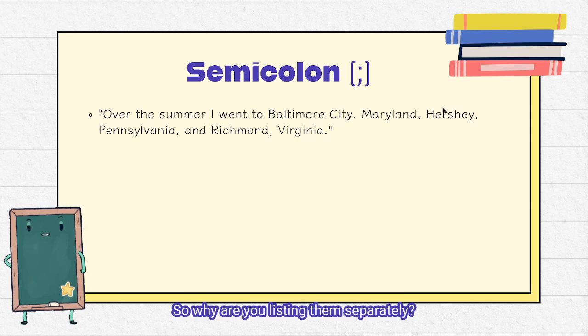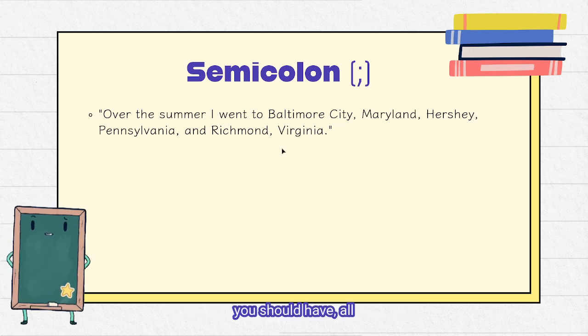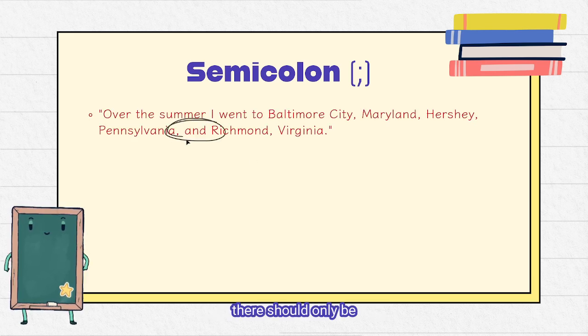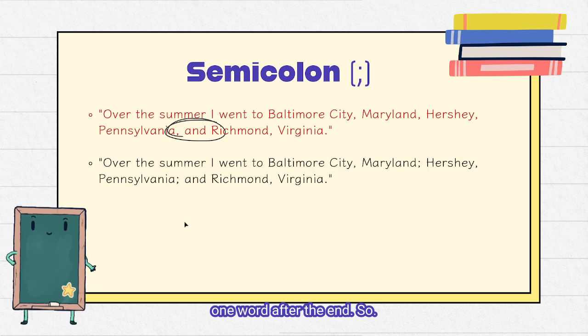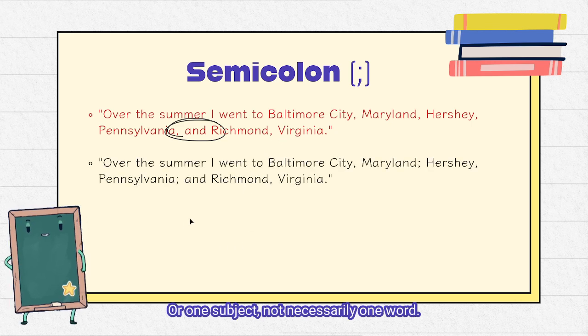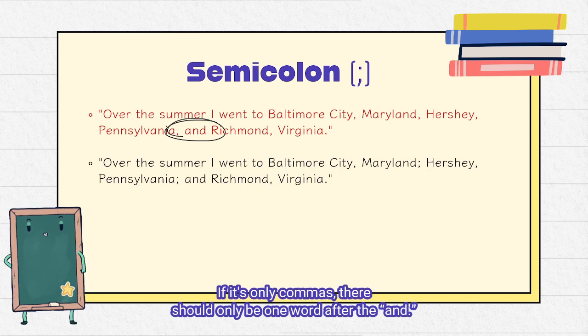So, why are you listing them separately? And also, when you're listing something, after an and, there should only be 1 subject, not necessarily 1 word. If it's only commas, there should only be 1 word after the and.